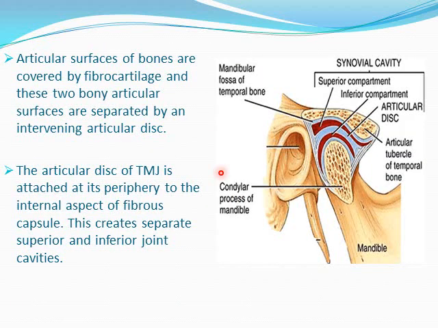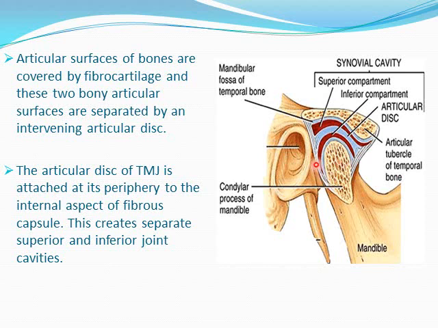Articular surfaces of the bones are covered by fibrocartilage, and these two bony articular surfaces are separated by an intervening articular disc. Now here in this sagittal section, you can see the two articulating surfaces of the temporomandibular joint. Here the articular tubercle and the articular or mandibular fossa, while this is the head of the mandible.